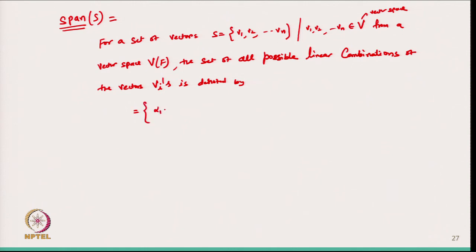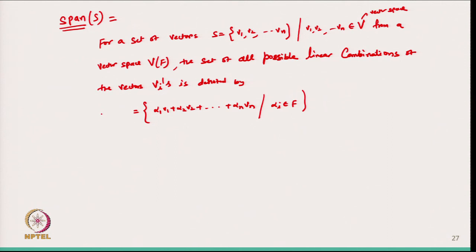I am taking all alpha 1 V1 plus alpha 2 V2 plus up to alpha n Vn, where the alpha i's belong to the field F. I can take all the combinations; whatever combination there is, I can change my alpha i's and get different types of combinations.